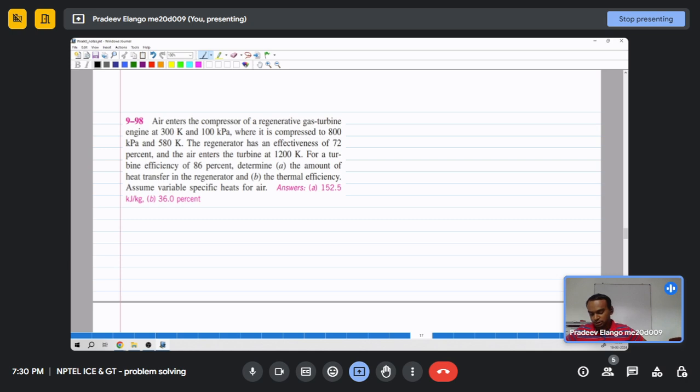Next, the thermal efficiency, and assume variable specific heats for air. Variable specific heats means we need to have the table and then solve the problem. But for now, I think we will solve without the table, assuming constant specific heats.